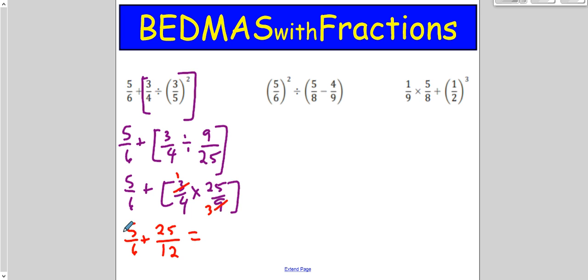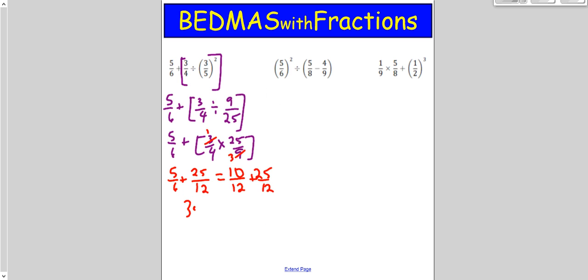Now I can do the addition part, but remember with addition, it has to have a common denominator. So my common denominator here is going to be 12. So 6 times 2 is 12, 5 times 2 is 10, plus 25, which means we're going to have 35 over 12 as our final answer.